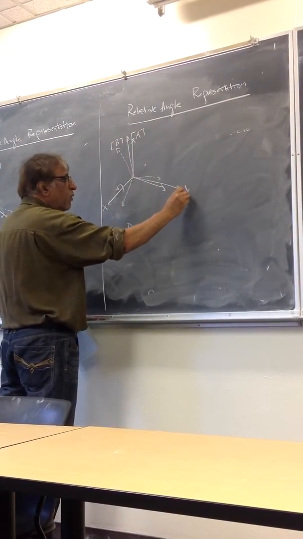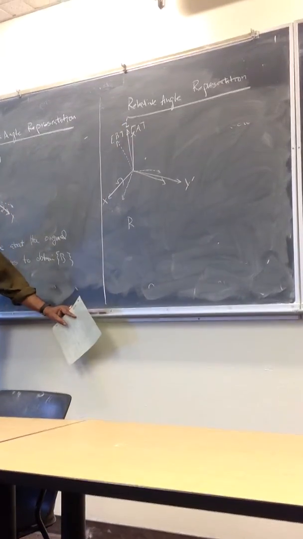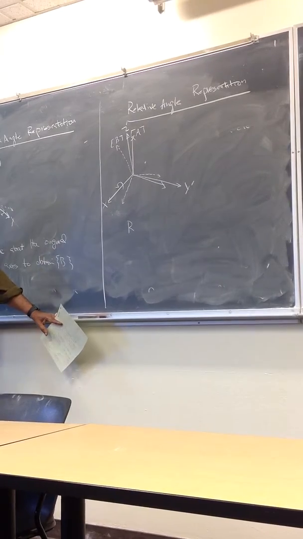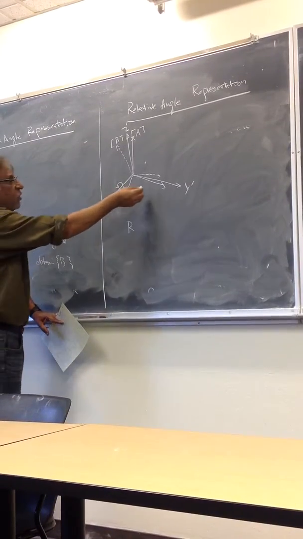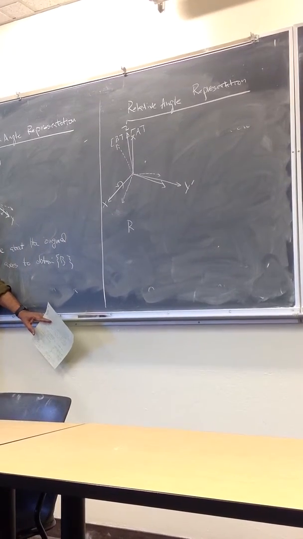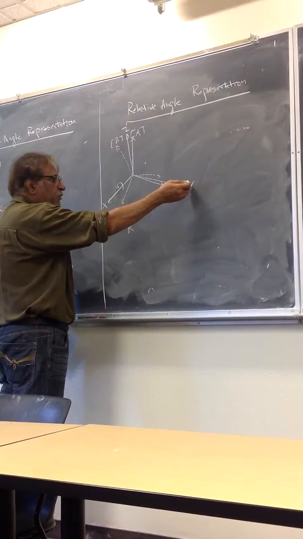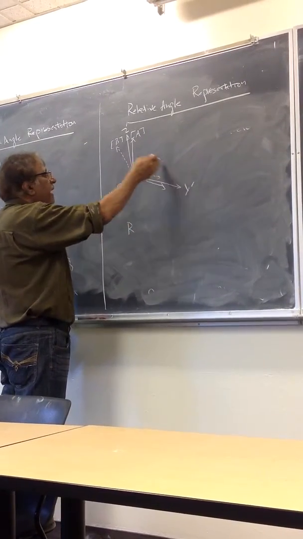I'm going to call them Y prime and Z prime. Once you rotate it about your x-axis, your y and z will have new orientations, right? Everybody with me in this? And so your new y and z axes, I'm going to denote as y prime and z prime.